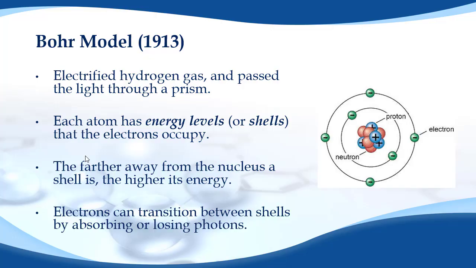So yes, we still use this model today. In fact, most of what we do in this class will be done using the Bohr model because it provides enough useful practicality for you without bogging you down in minutia. It's not the current model, but it works well enough for what we need, so we use it.